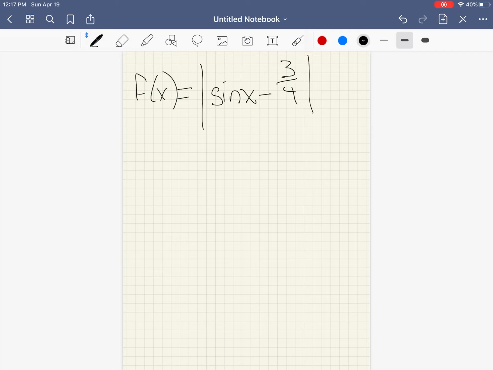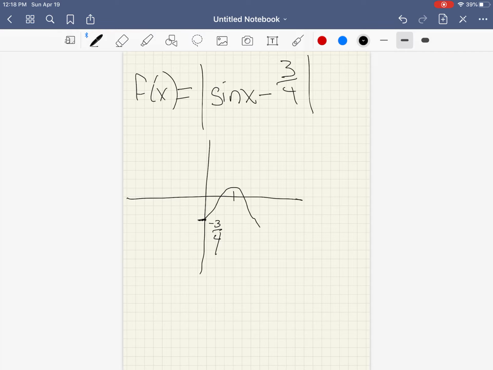So if you look at the graph at the bottom of page 495, sine would ordinarily be up here, but it's shifted down here to negative 3/4. And then it shows you where it crosses in here. So it goes something like this.